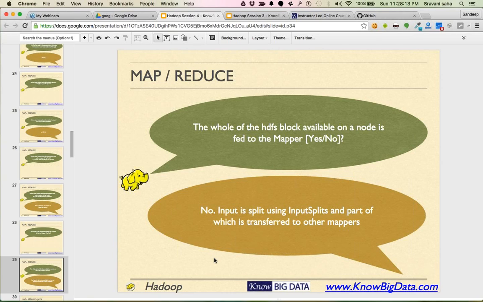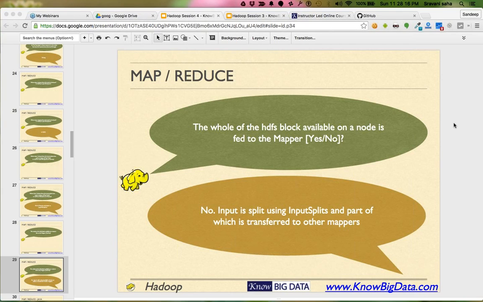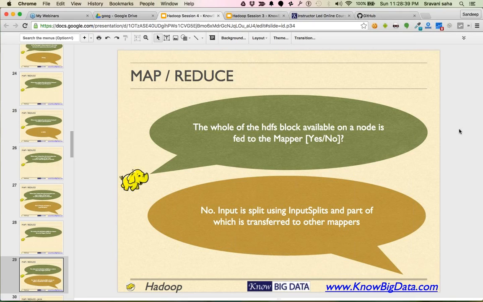Therefore we, as in Hadoop, cannot feed the whole block as such to the mapper. The records which have been broken at the boundary have to be completed by transferring the partial record to either the previous block or the next block.